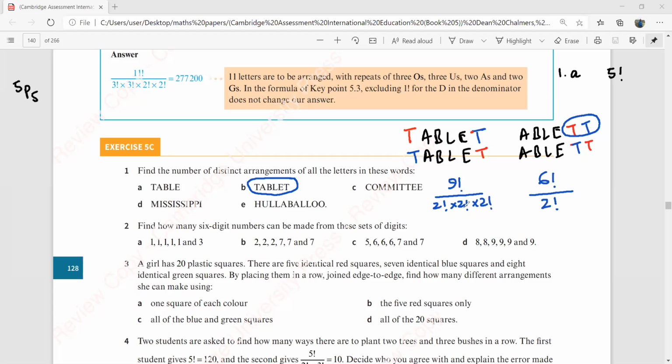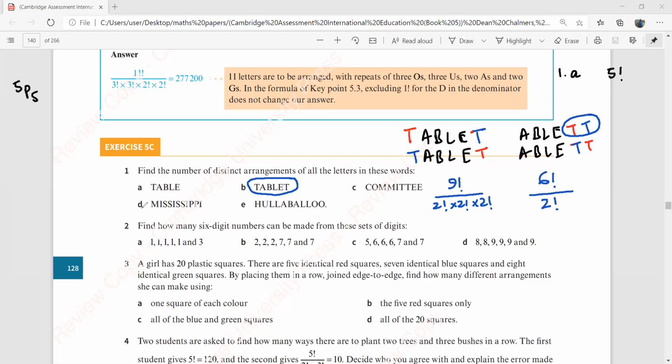So that will be 9 factorial over 2 factorial into 2 factorial into 2 factorial. Yes? Please object if there is anyone. You must be crystal clear about these because complicated, tricky kind of riddle type questions are coming ahead.